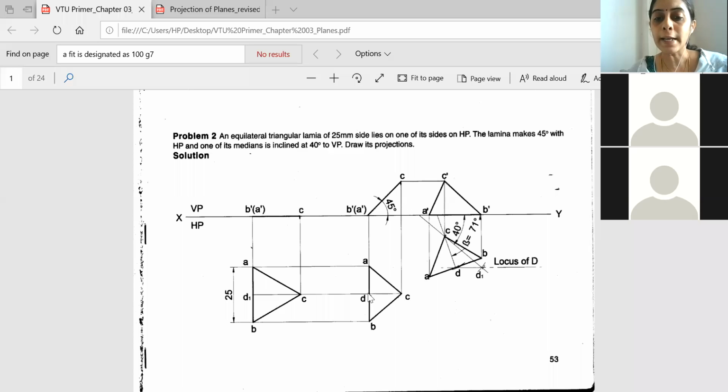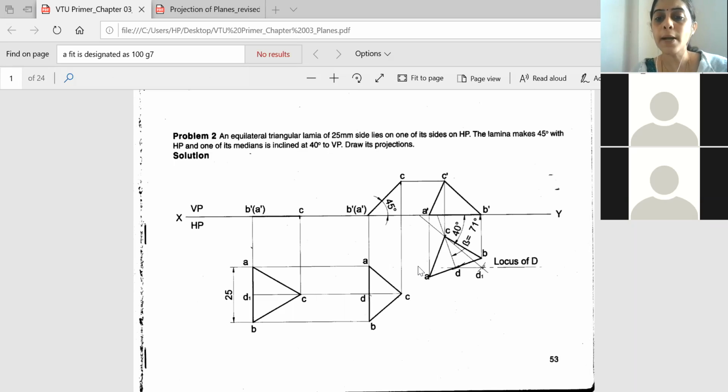So you cannot directly shift this median to the 40-degree line as told, the median inclined at 40 degrees. In this stage we have to determine the apparent angle, which we call beta. If you are finding the apparent angle for the top view, we represent it as beta, and if you are finding the apparent angle for the front view, we use the terminology alpha. That we will explain later.